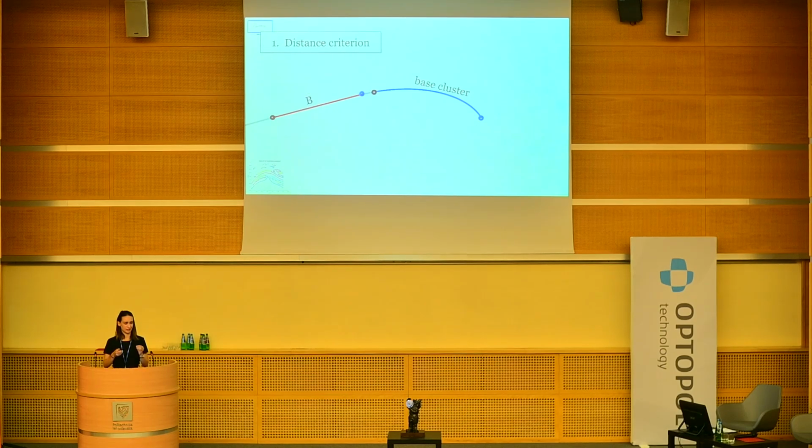However, this criterion is insufficient when it comes to the situation of C and D. Although C is closer to the base cluster, D is intuitively a more suitable candidate. And that's why the linear match criterion is introduced to perform successful concatenation.